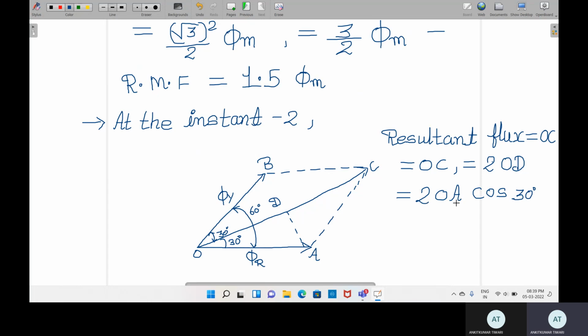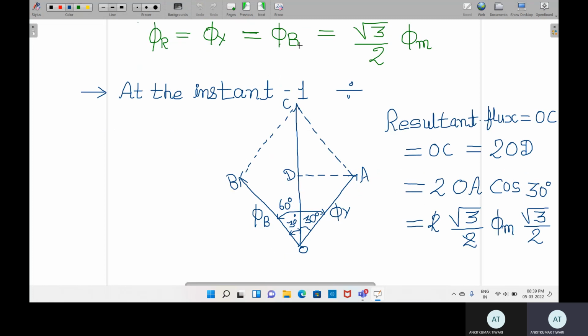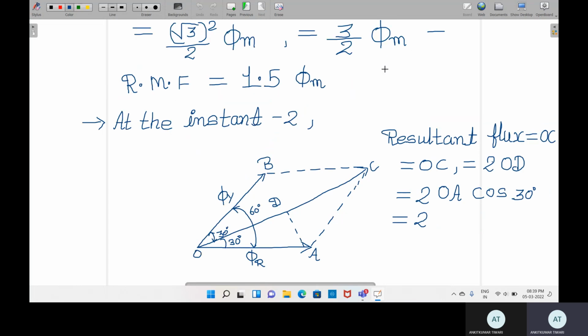OA is the vector of flux phi r, and we have already assumed that phi r equals phi y equals phi b equals root 3 by 2 phi m. So each flux will be considered as root 3 by 2.